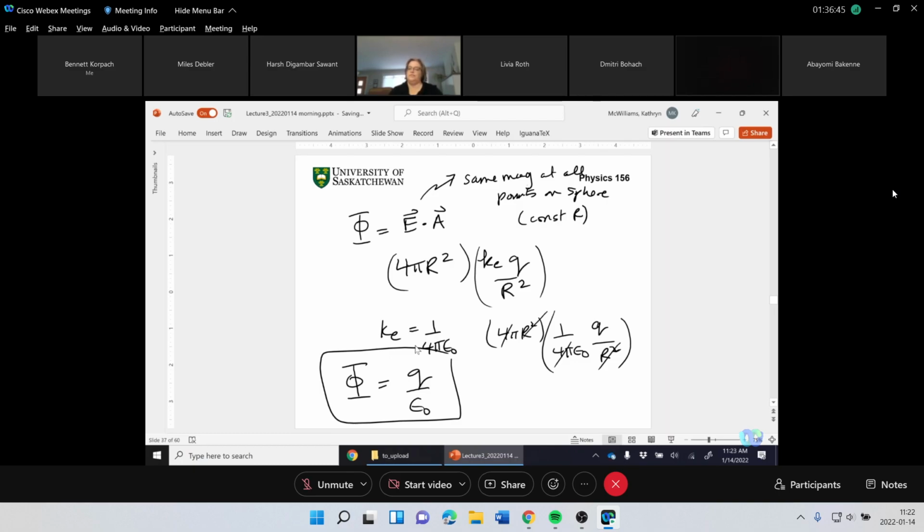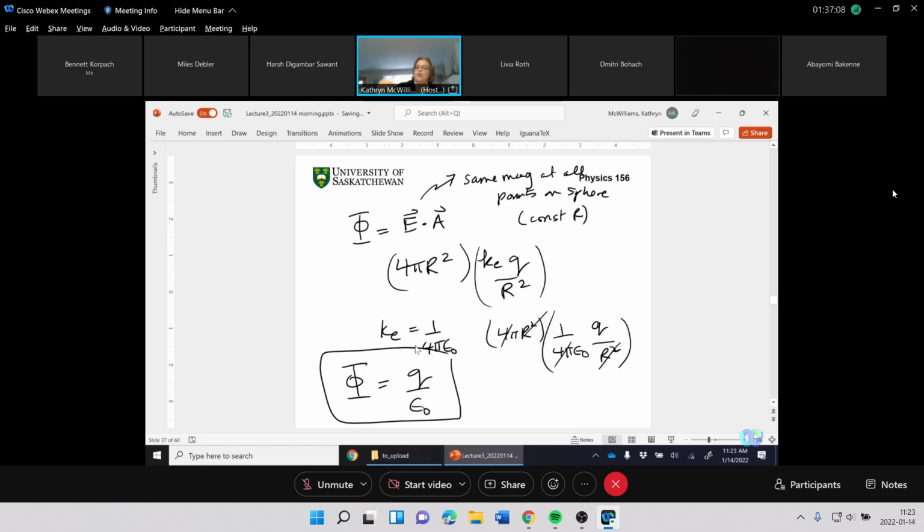This is interesting, at least to me, because the flux is proportional to Q. So if I put a charge of 10Q inside that sphere, I have 10 times the flux. If I put 0.33 Q in there, then I have 0.33 of the flux, like a third of the flux.